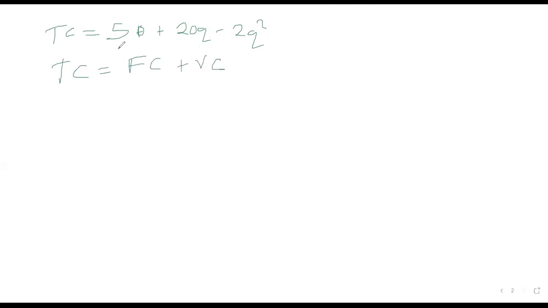The fixed cost is simply the constant part. So our fixed cost in this case will be 50. And our variable cost in this case will be 20Q minus 2Q squared. Everything that has a letter is called variable. So all this is your variable cost.